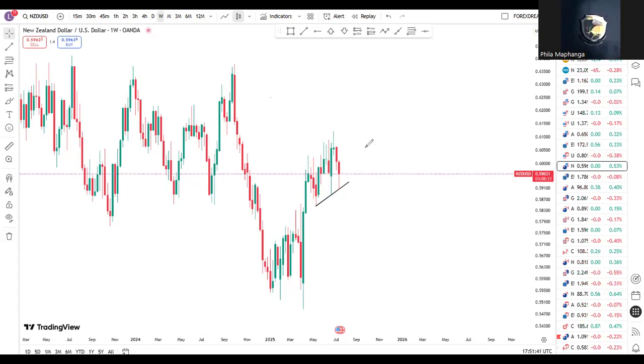Okay, if possible, please highlight the trend line. I can see the trend line that just got highlighted. That is correct. What else do you guys see there? Continuation pattern. Please highlight the continuation pattern.